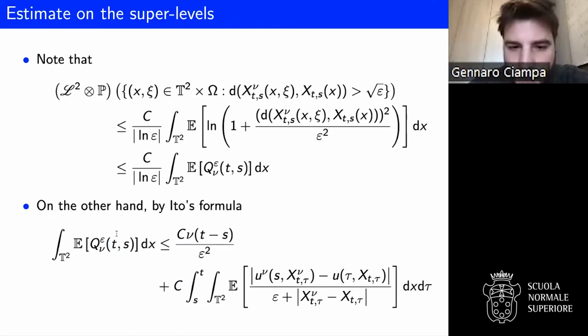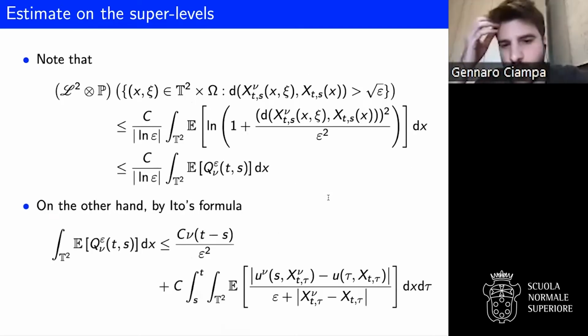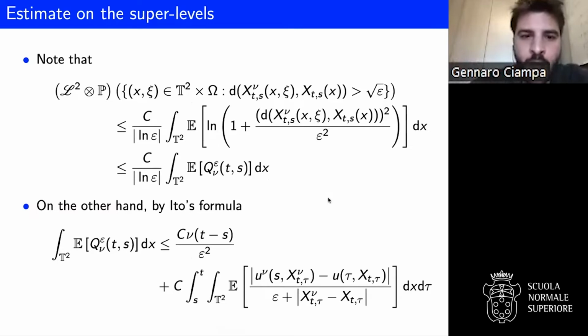Epsilon, of course, is a parameter that for now is fixed, and then it will be chosen in a proper way. On the other hand, you can bound this from below in this way. The measure of the set where the flows are far from each other by a quantity square root of epsilon can be bounded by this quantity over log of epsilon.